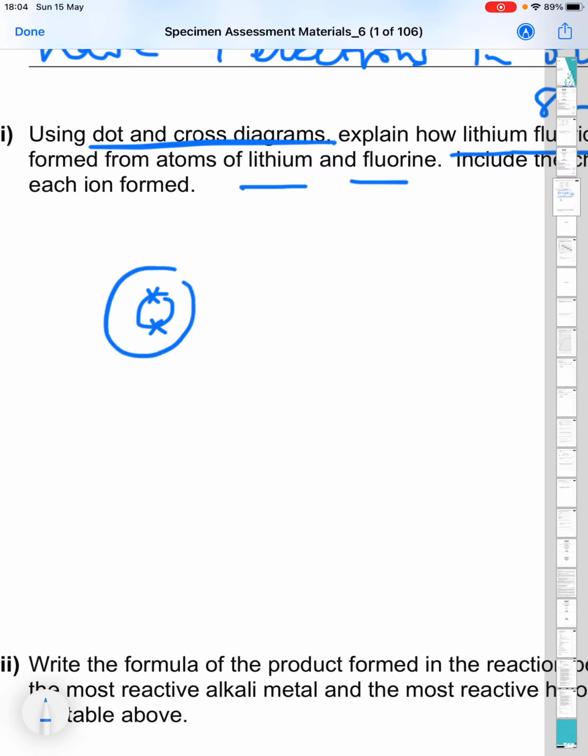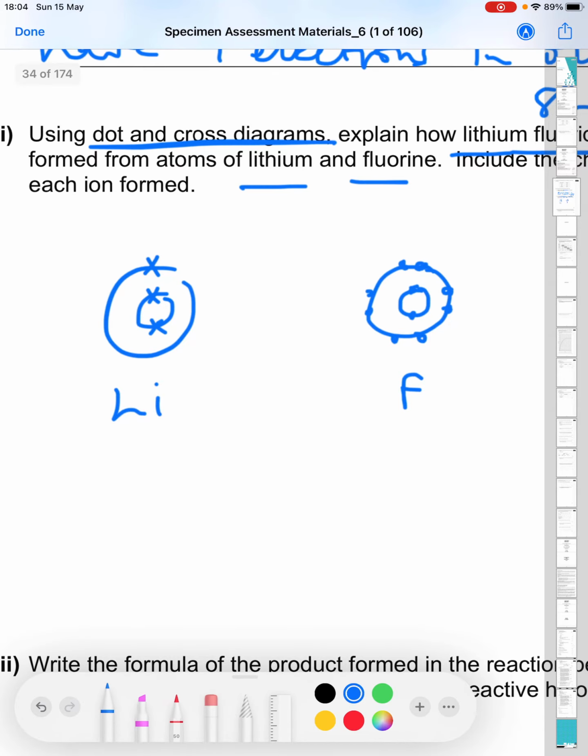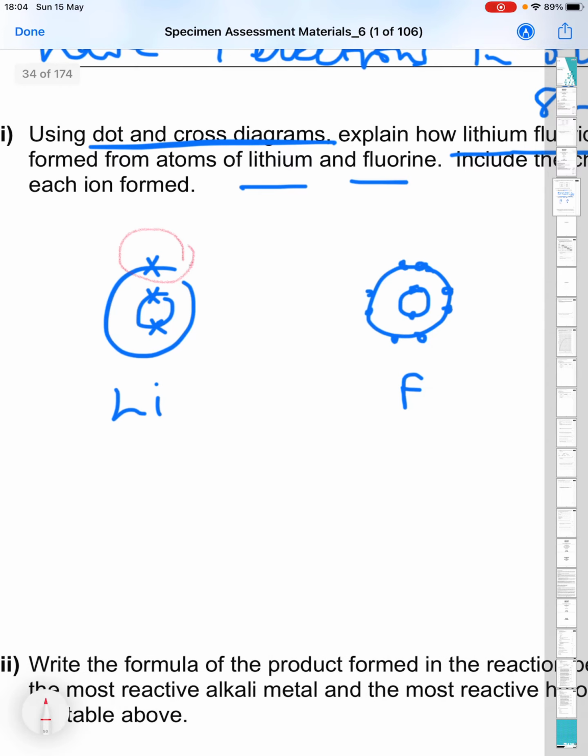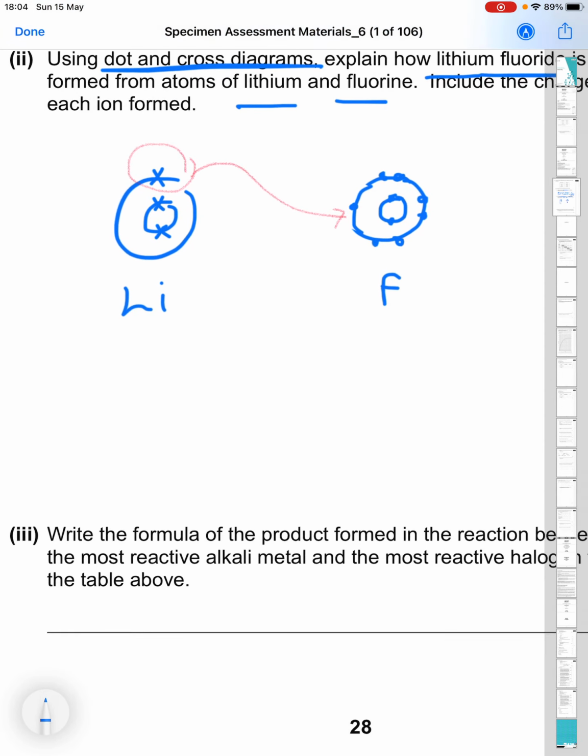So we've got 3 electrons, and for fluorine, I'm doing these as dots, so there are 7 in fluorine's outer shell. Okay, so 9 in total for fluorine, so that's lithium and that is fluorine. Now what I'm going to show here is that this outer electron goes to here, and actually I made a mistake there. I drew 8 on the fluorine, so there should just be 7 on the outer shell.